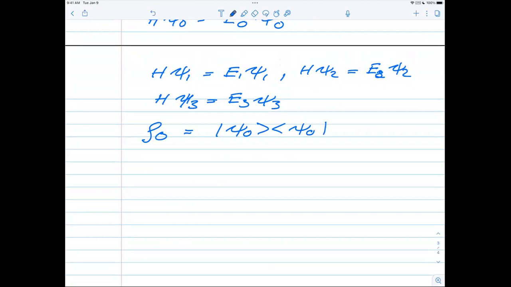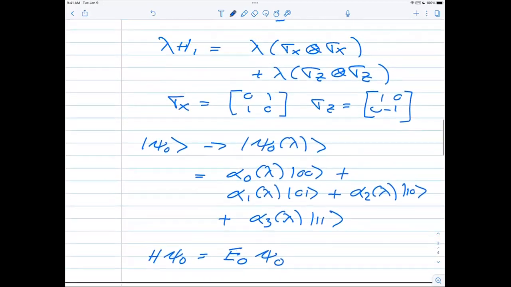And then I'm going to define a density matrix for this subsystem, which is a trace over the subsystem B of the density matrix rho 0. So keep in mind that this is a density matrix which is given by psi 0 for system AB. So you could now think of this as two subsystems as we have defined up here.